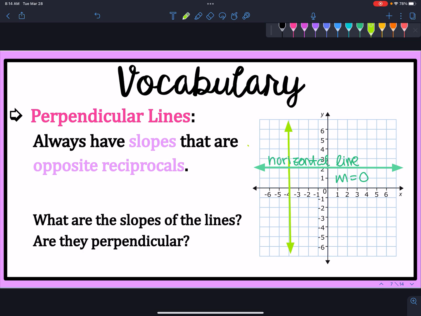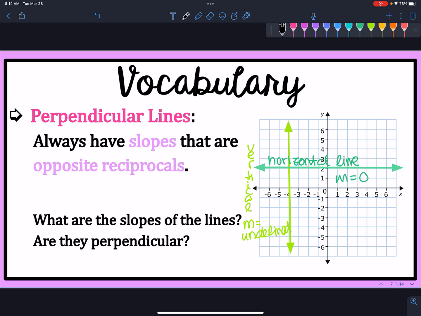For my vertical line, the slope is undefined. Now, we can't multiply 0 and undefined, but I am going to let you know that because we have a horizontal and a vertical line, the answer to this question, what are the slopes?